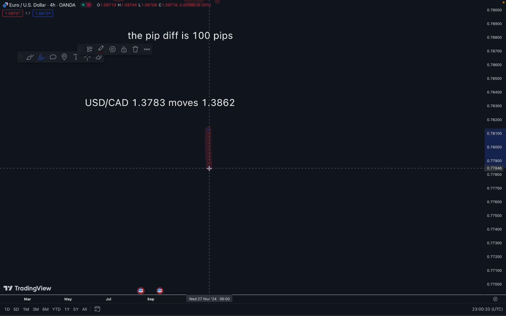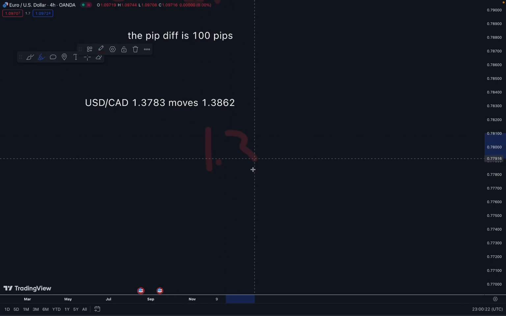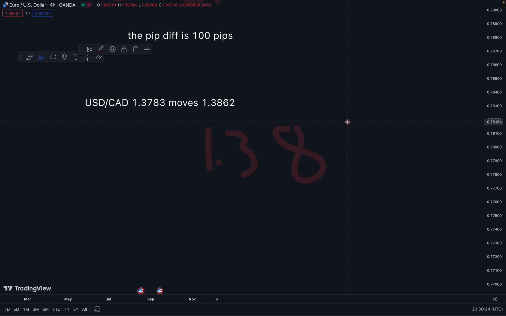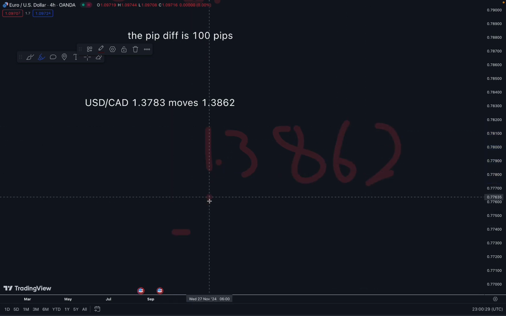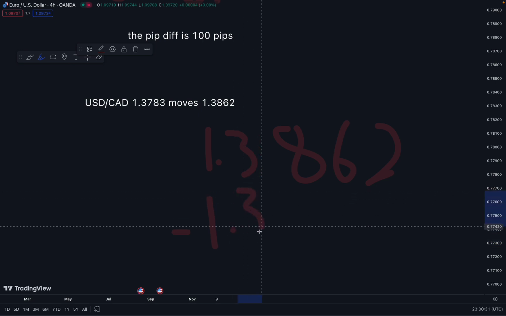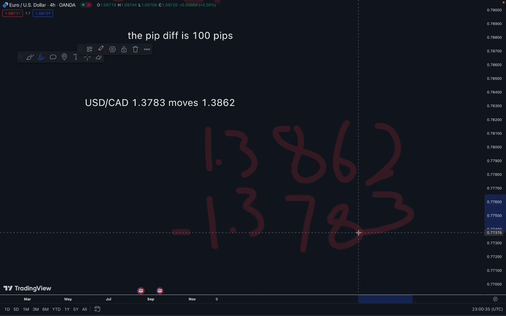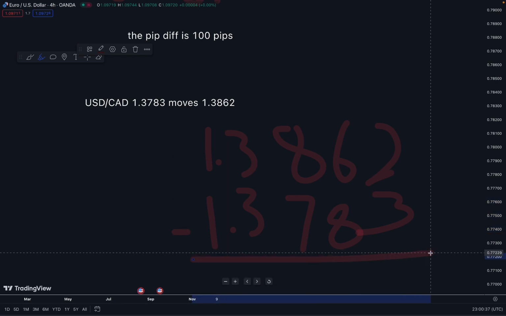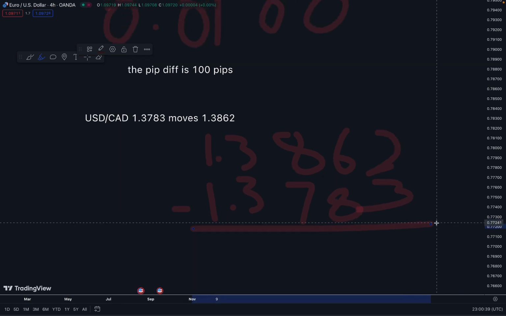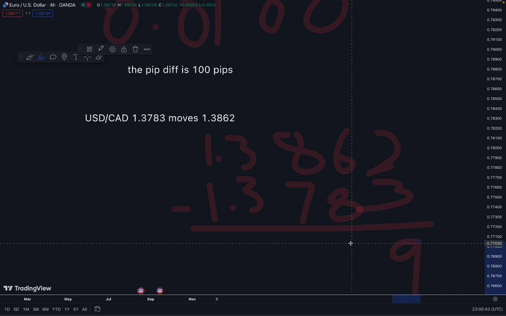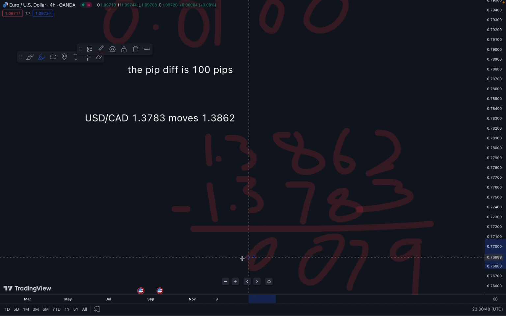Here is going to be 1.3862 minus 1.3783. So by subtracting, we're going to get 0.0079.